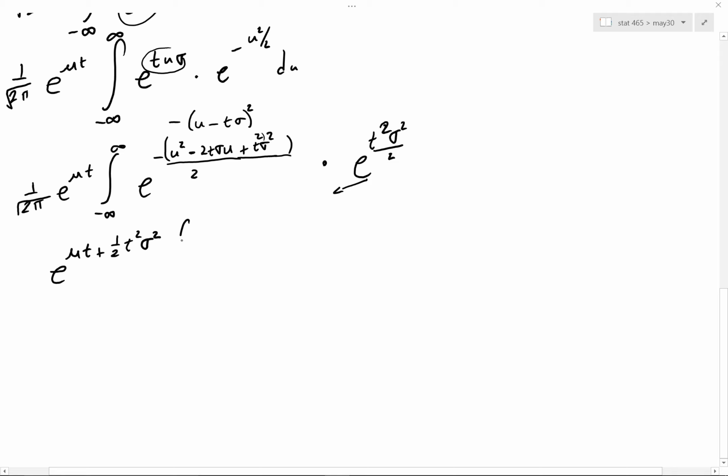And then what I'm going to do is I'm going to run this 1/2 pi routine back inside for reasons that I hope are quite obvious momentarily. And I'm going to rewrite this as e to the minus u minus t sigma squared over 2.